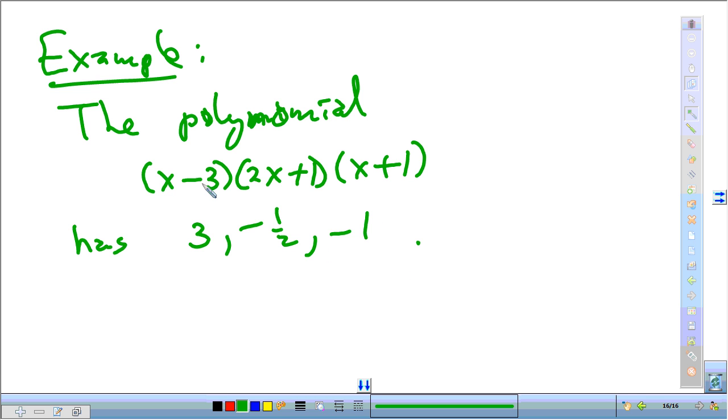Okay, so I can read those off from each factor. Noting the 1, I had to factor out the 2. So we get opposite sign here with the 3, opposite sign but dividing through by the 2, minus a half, opposite sign from the plus 1 here of minus 1.